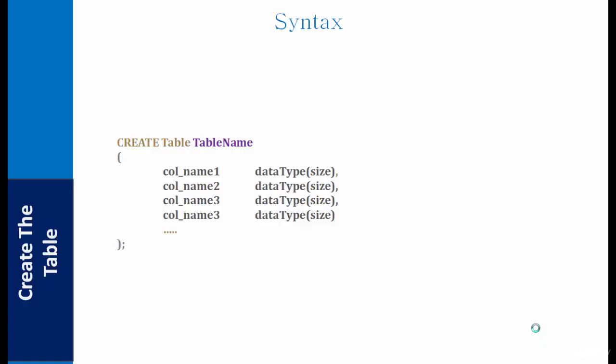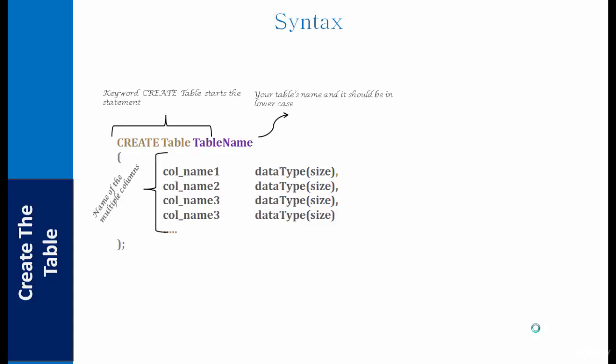To create a table in a database, we need to follow the below syntax. Our command is create table with the name of the table and the columns with the data types as well as the size of each column. With each column, we need to define the data type we want to store.